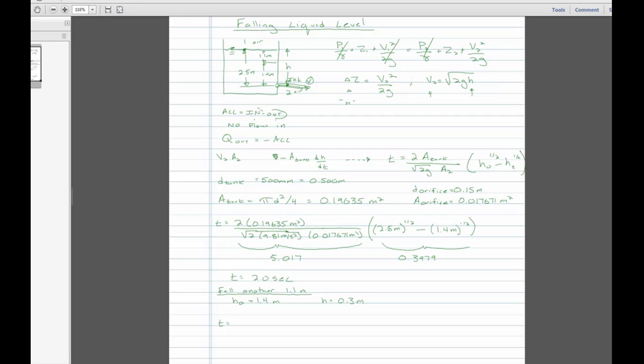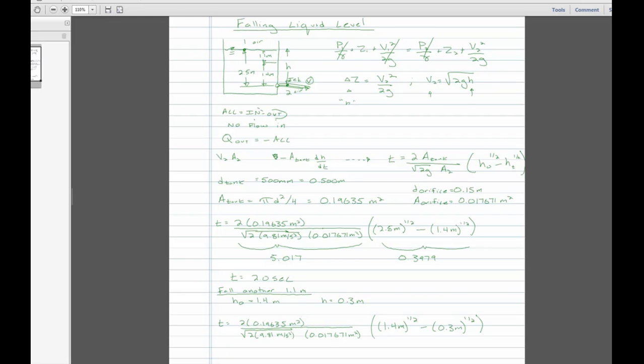We have 2 times 0.19635, the tank cross-sectional area, the square root of 2 times g, and the opening of the orifice, its cross-sectional area. This time we're going to have 1.4 meters as the beginning elevation and 0.3 meters as the ending elevation.